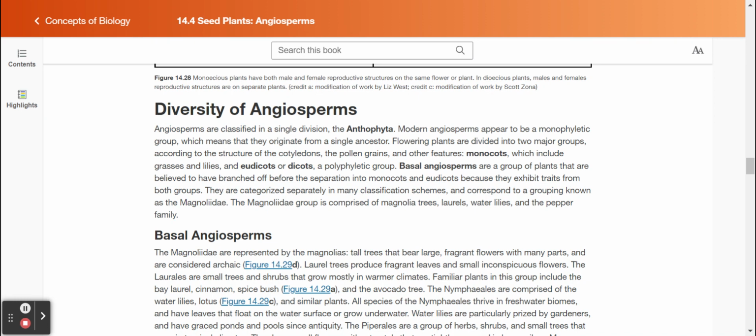Basal angiosperms are a group of plants that are believed to have branched off before the separation into monocots and eudicots because they exhibit traits from both groups. They are characterized separately in many classification schemes and correspond to a grouping known as the Magnoliidae. The Magnoliidae group is composed of magnolia trees, laurels, water lilies, and the pepper family.